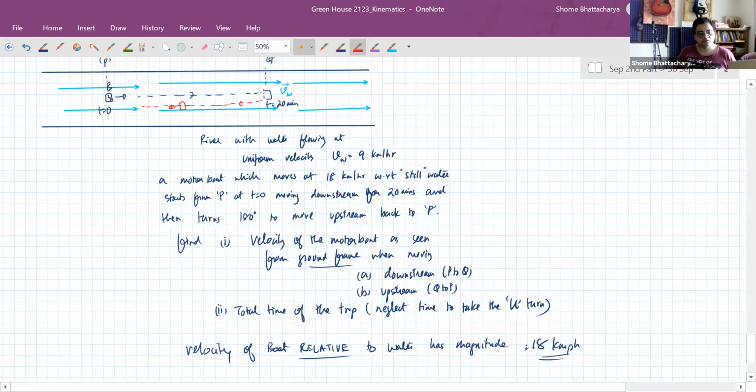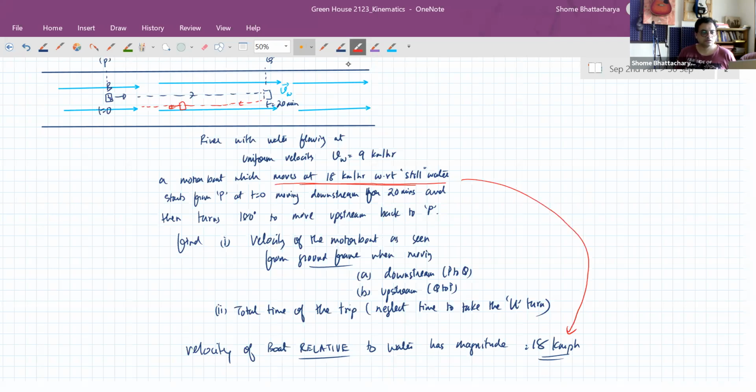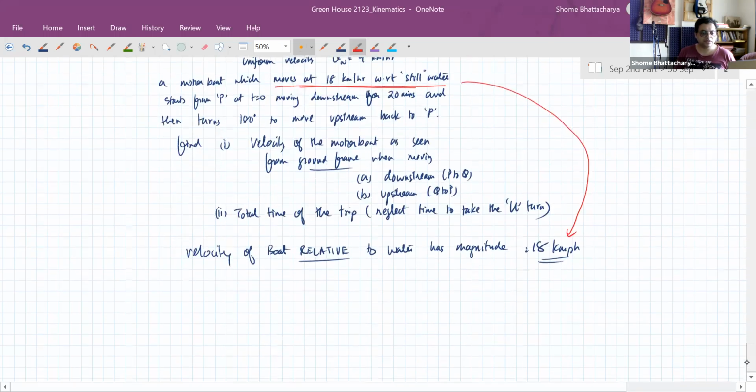This statement here implies this. So it's a question where relative velocity is given, and absolute velocity has to be calculated.